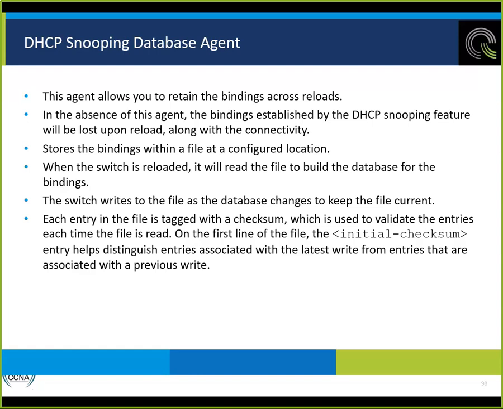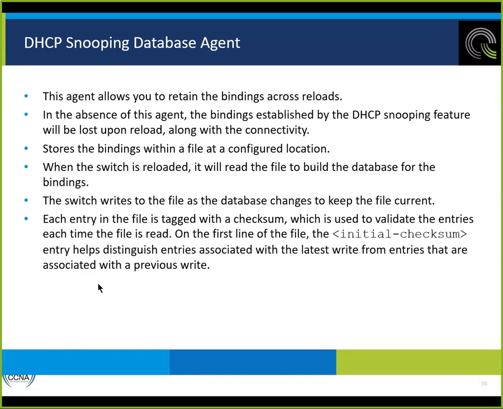It's going to store the bindings in a file so that when the switch is reloaded, they can be reread into the running configuration. It writes the file as the database changes to keep the file current, and that's what we would always want to do.